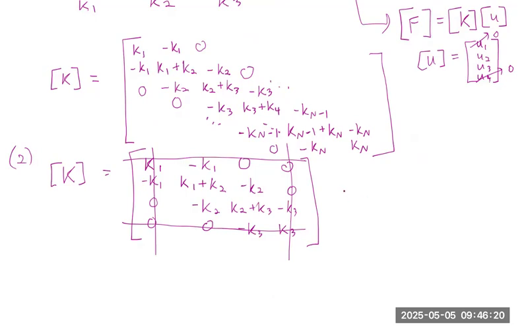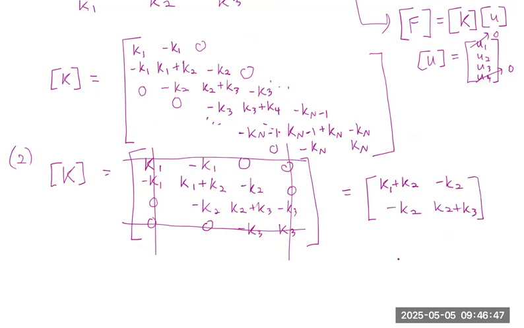So our stiffness matrix gets simplified to K1 plus K2, negative K2, negative K2, K2 plus K3. Sorry, this is K1.